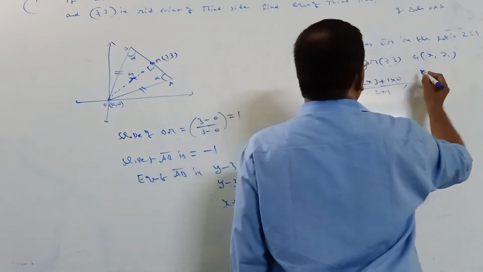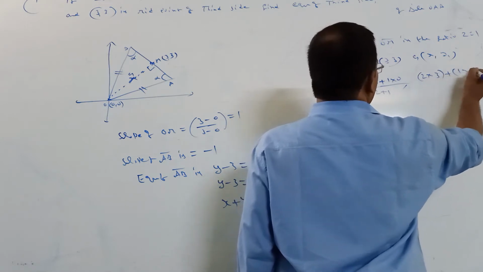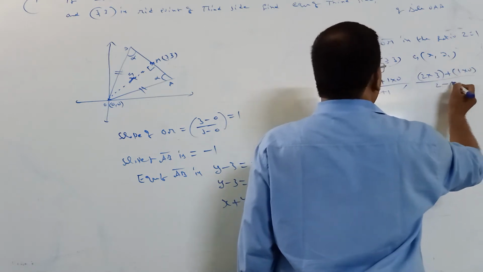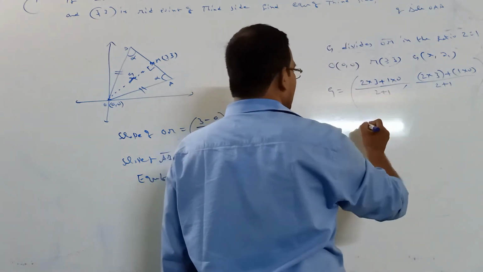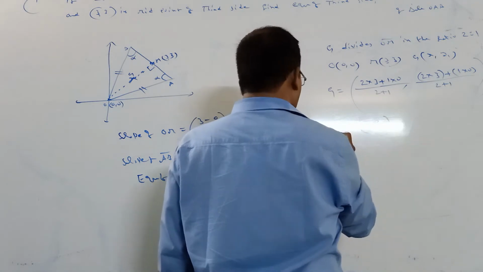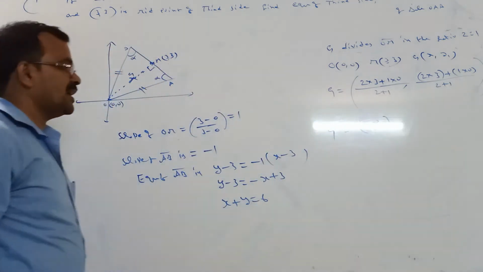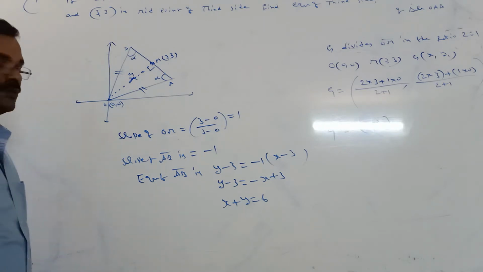Next, 2 into 3 plus 1 into 0 by 2 plus 1. I apply the section formula: 6 by 3 is 2, here also 6 by 3 is 2. The centroid is (2, 2). Okay, in this question the centroid is (2, 2).